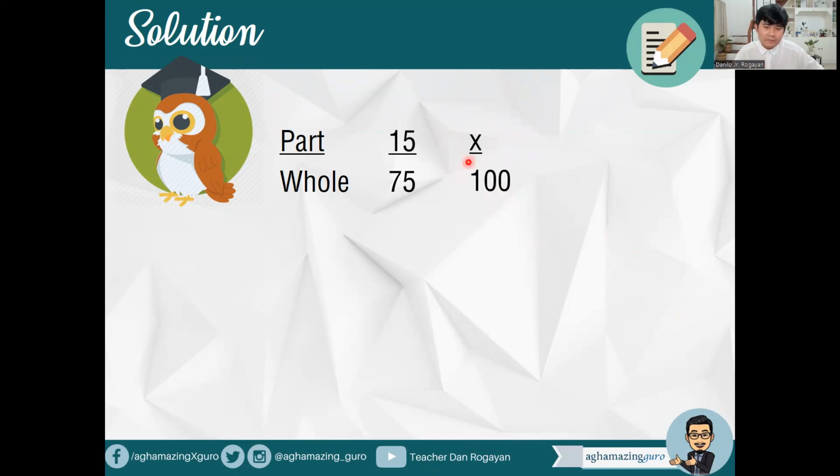So we're going to look for the x. So cross multiply. So that's 75 times x, 75x, then 15 times 100, that is 1,500.